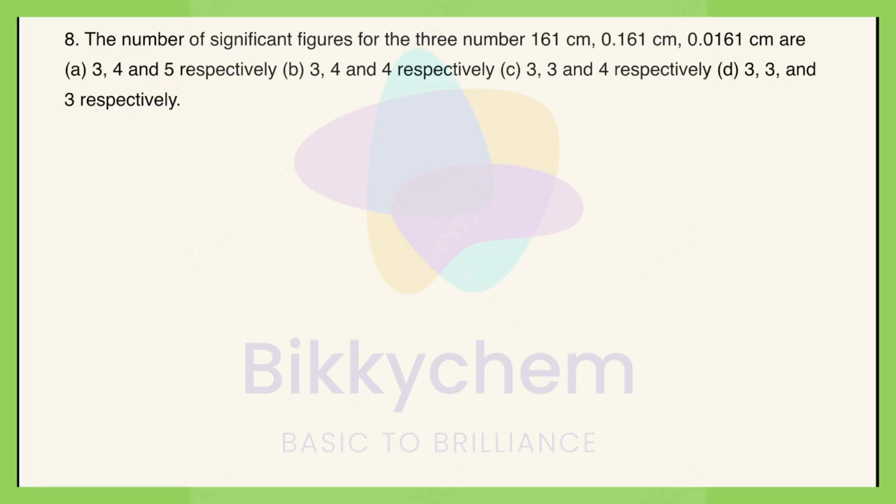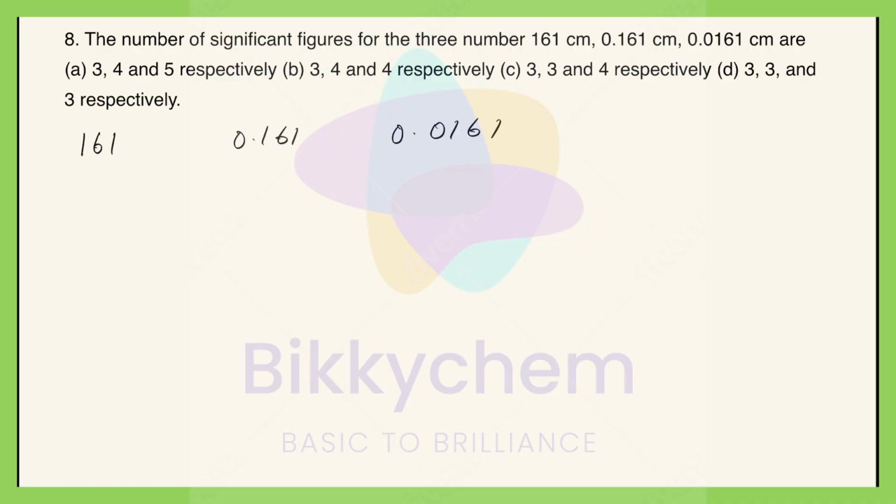Okay, we will see the next question, that is to find out the number of significant figures for the 3 numbers: 161 centimeter, 0.161 centimeter and 0.0161 centimeter. So which one will be the best option for them? Let's take 161, 0.161 and 0.0161.